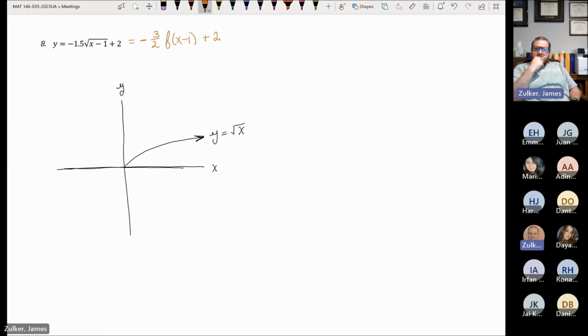We have a reflection about the x-axis, right? That's what the negative tells us. It will be vertically stretched by a factor of 3 halves. And that'll be translated 2 units up and 1 unit to the right.